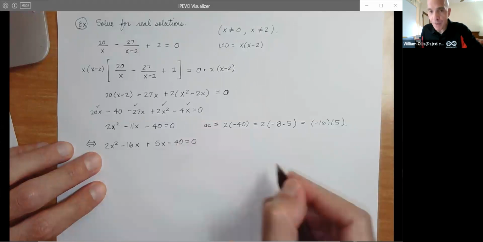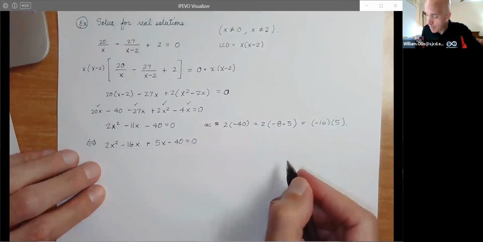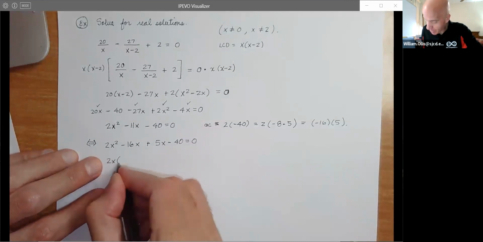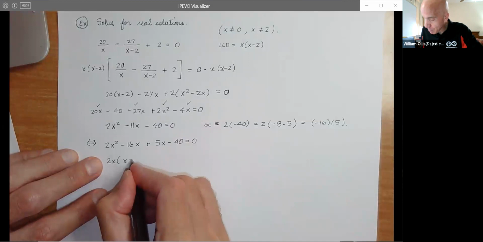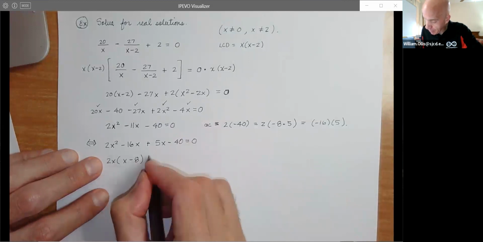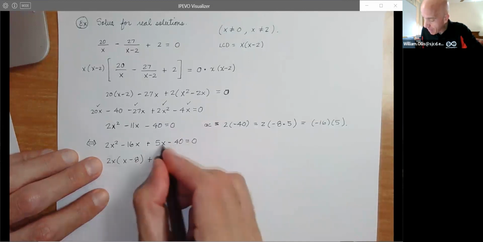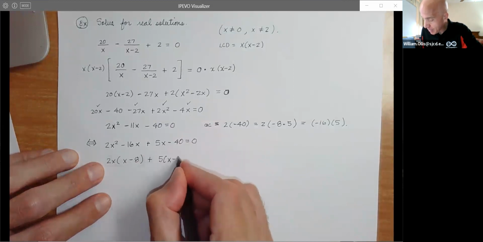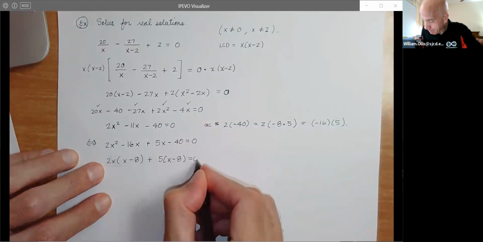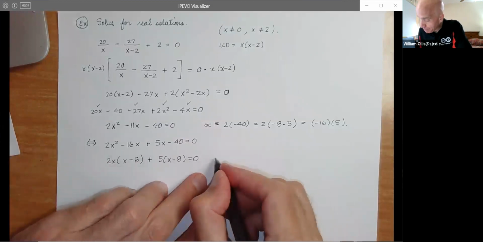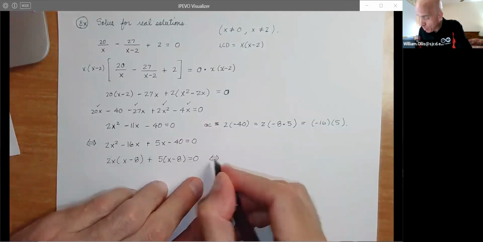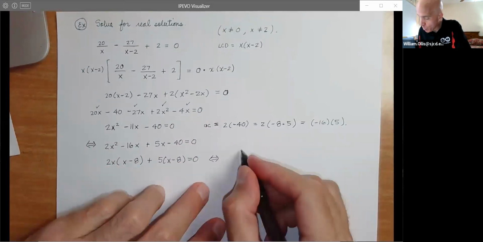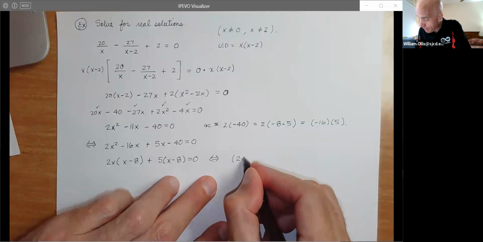So now we do the factoring by grouping, which we like. So now we've got a 2x in both of these terms, 2x times x minus 8, plus, and now we've got a 5 in both of these terms, so 5 times x minus 8. Now equivalently here, we see that the x minus 8 multiplies 2x and 5, so we can use the distributive law.